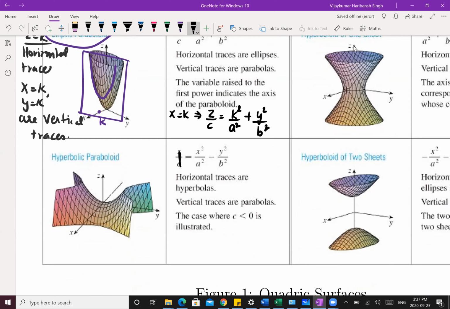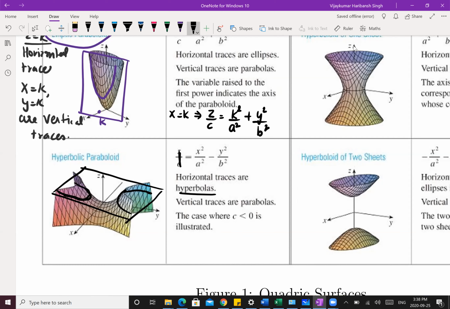And you can see that at z equals c, when you cut it with the z equals c plane, we'll get a hyperbola. So horizontal traces are hyperbolas.